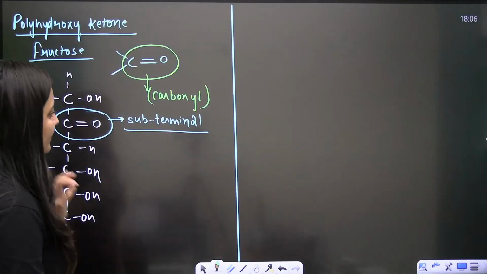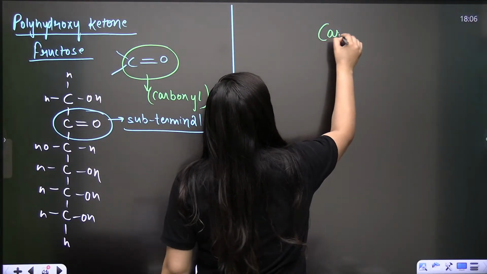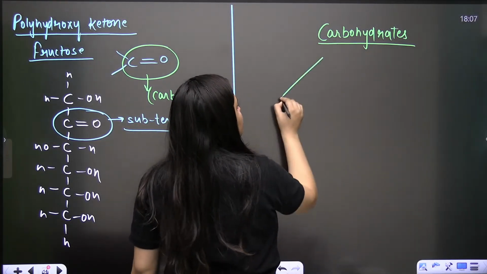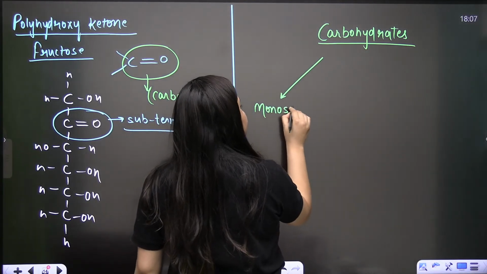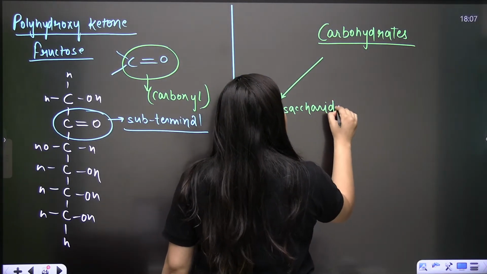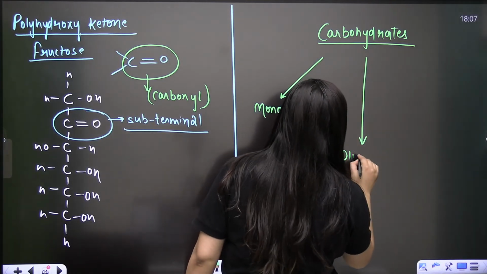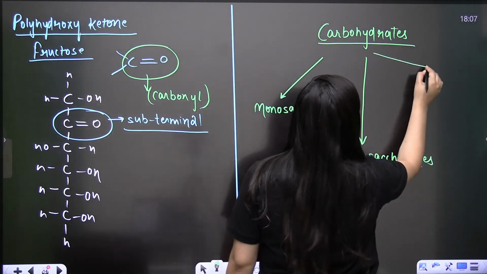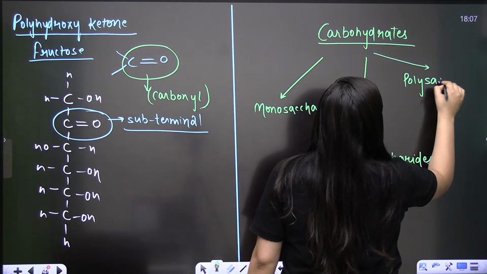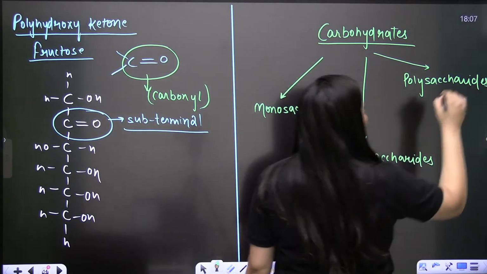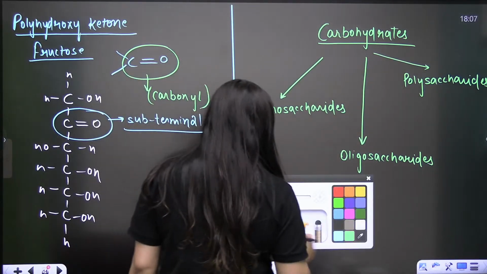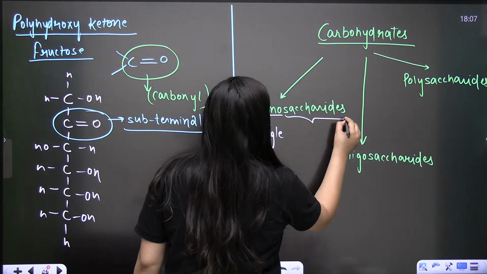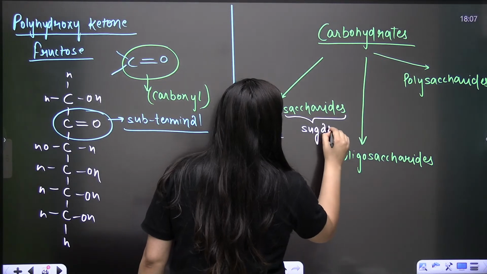Now when you talk about carbohydrates, you will discuss three things: monosaccharides, oligosaccharides, and then the polysaccharides. Mono means single, saccharide means sugar, so a single sugar.